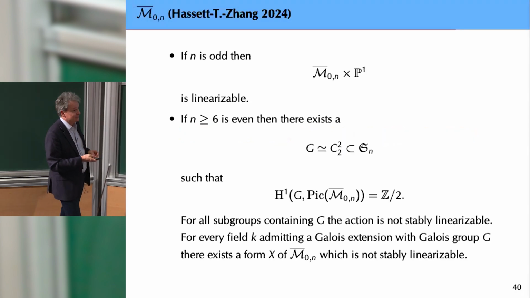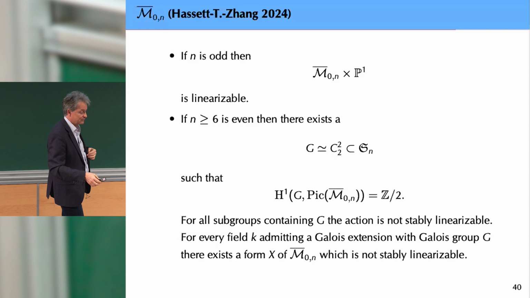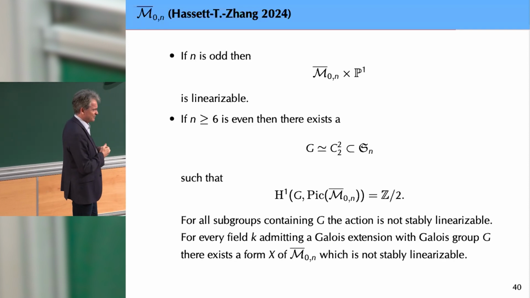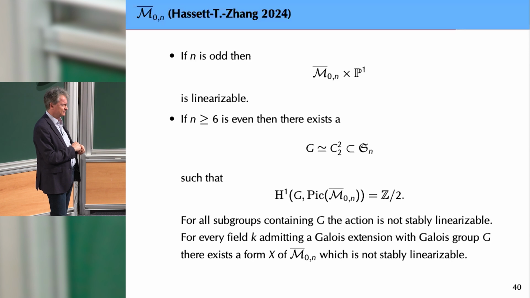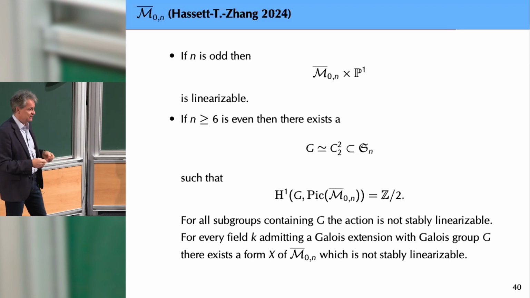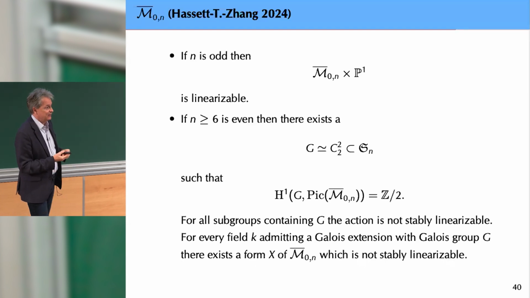Now, can I ask a question? So in characteristic p, the symmetric group Sp has a representation of dimension p minus 2. Mm-hmm. So then this proof that it's not linearizable in characteristic p for M0p will not work. So the question, is it linearizable? I don't know. We haven't looked at positive characteristic in this case. Yeah, that's an interesting example.